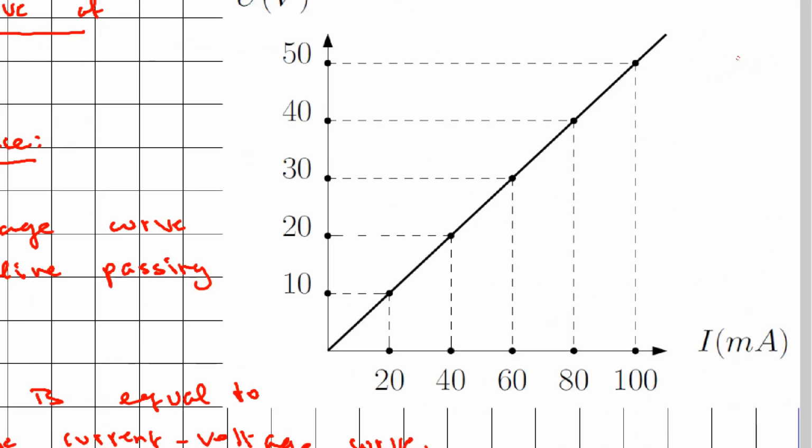So if the applied voltage is 10 volts, now 10 volts correspond to this point on the curve that has an electric current of 20 milliamps.